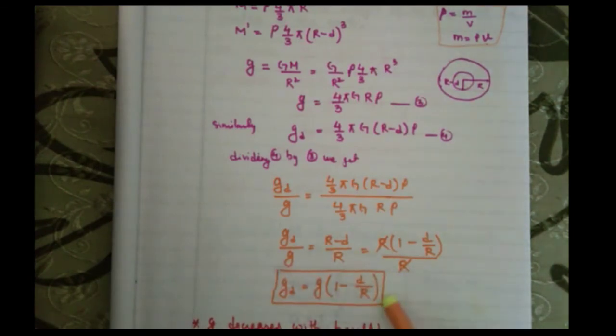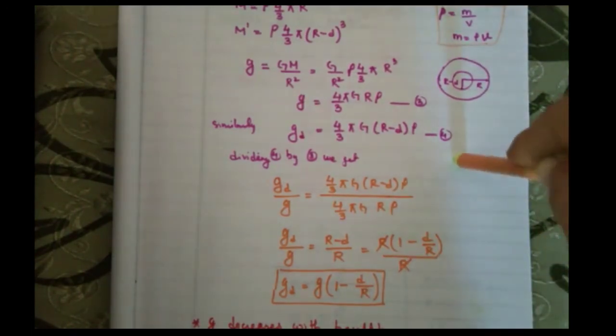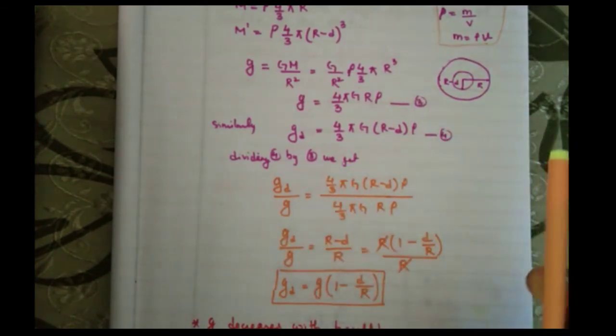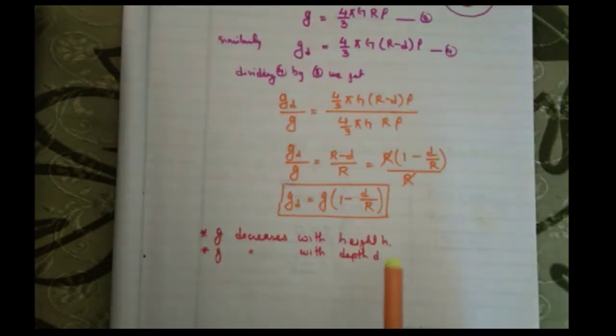This is the final formula. For depth we have only one formula, but for height we have two formulas, one for small height and another for height comparable to the radius of the earth. Now we can say g decreases with height and g also decreases with depth.